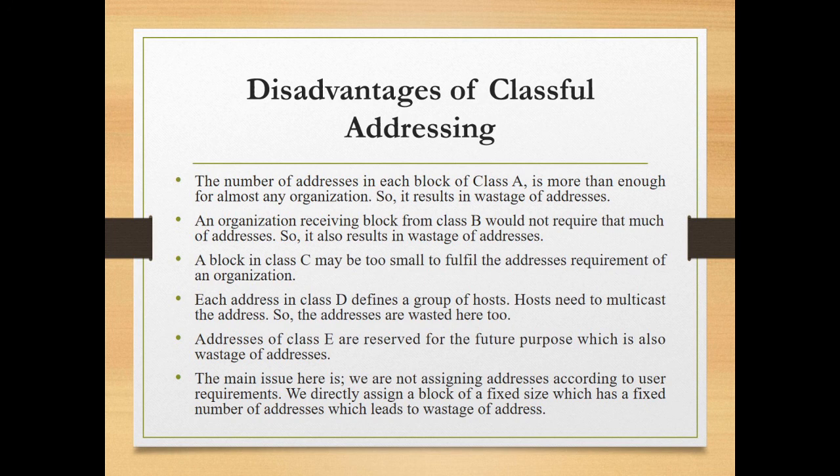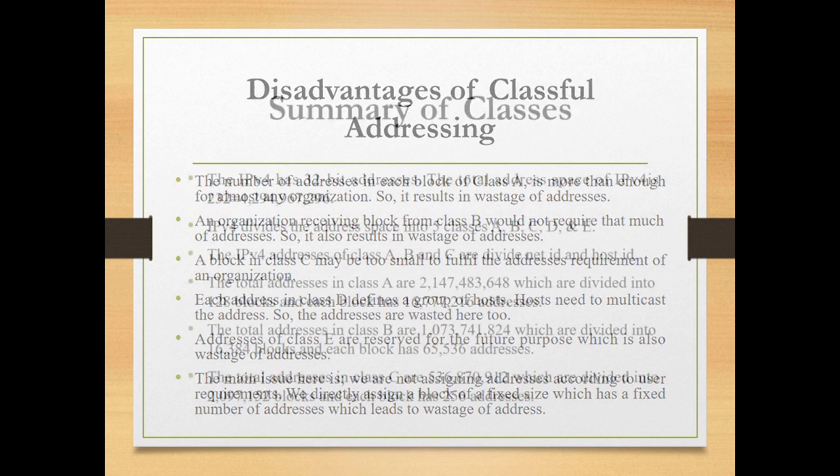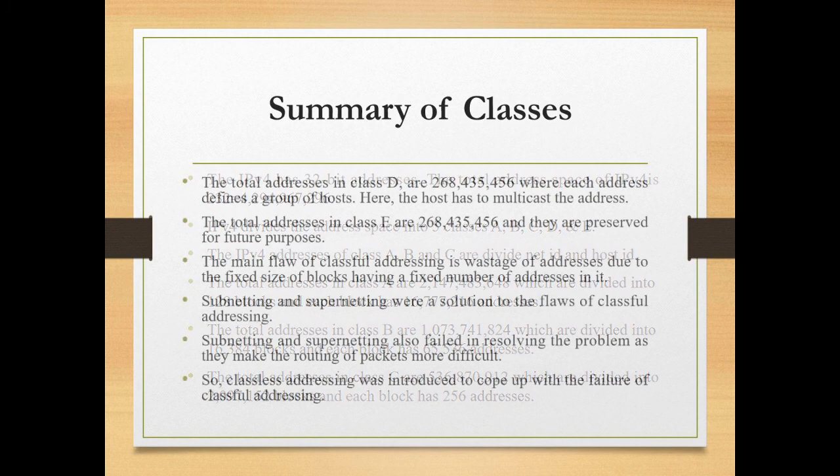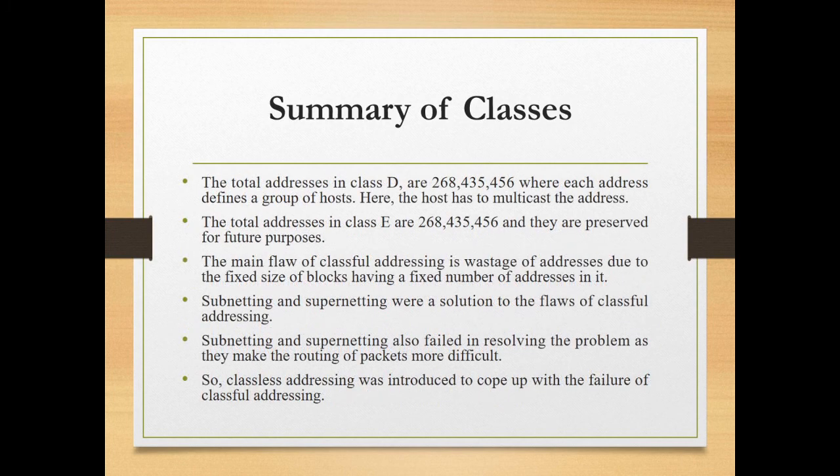Again, class D is for multicasting and E is reserved, so D and E again come to a wastage of addresses. The main issue here is we are not assigning addresses according to user requirements. Instead, we directly assign a block of fixed size which has a fixed number of addresses, which leads to wastage of addresses. The summary of all these classes has been given in these slides.